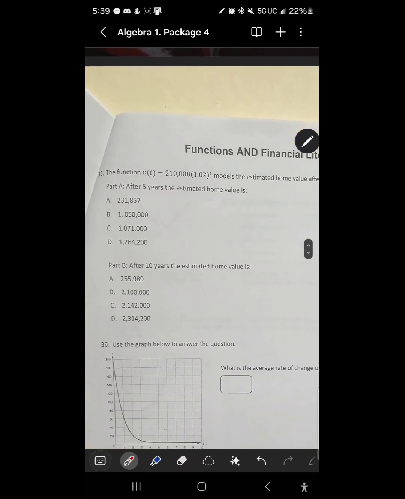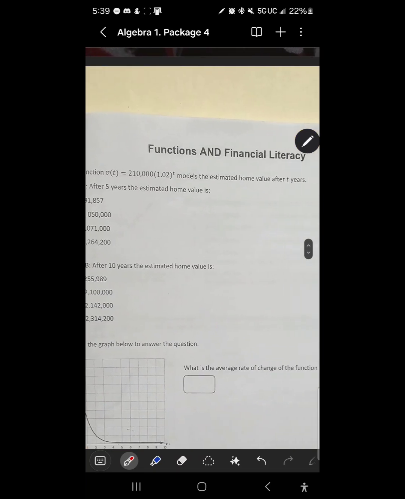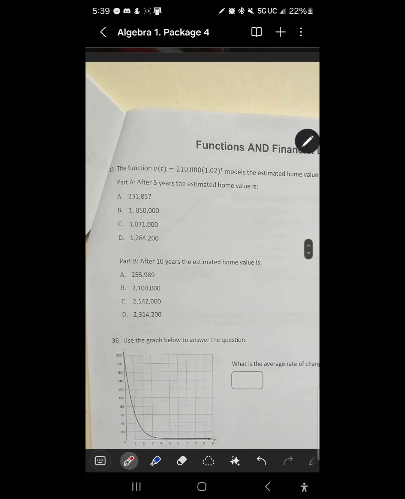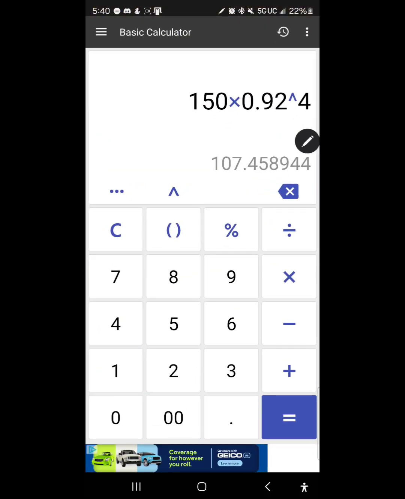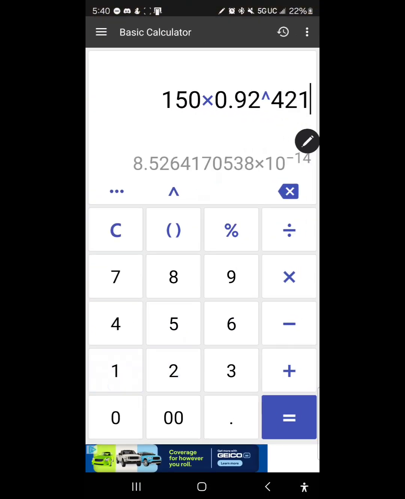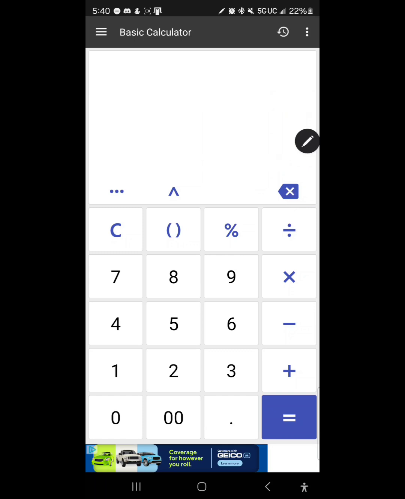So let's see the function. It models the estimated home value after 3 years. After 5 years, the estimated home value is, so okay, we have 5, and it will be 210,000 times 1.02 to the 5.